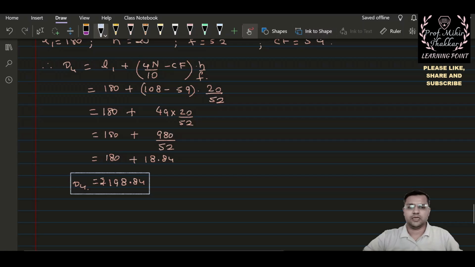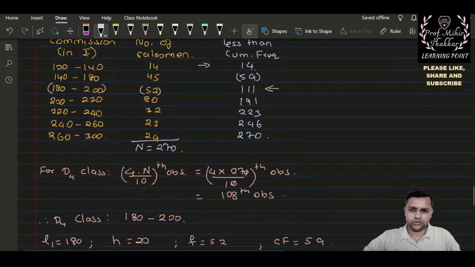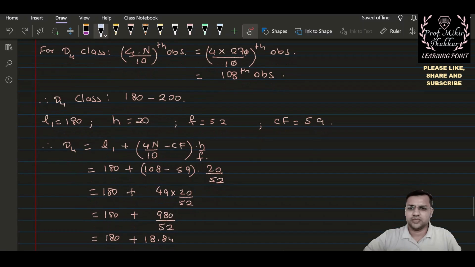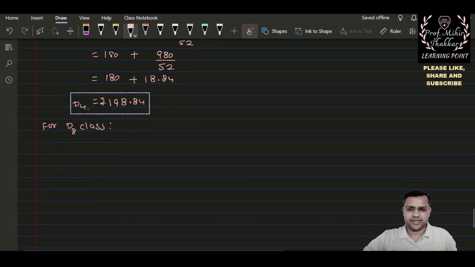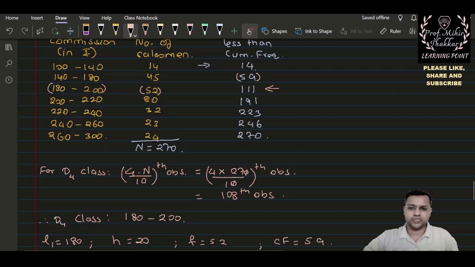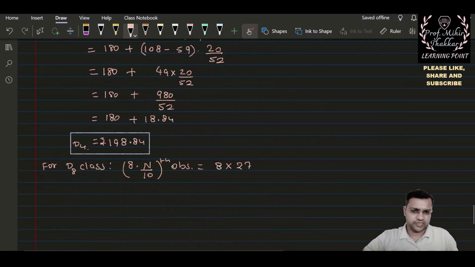Okay. After getting the D4 value, next we also have to calculate the value of D8. So let us write over here for D8 class. I calculate the value of 8 into n upon 10, which is 8 into 270 upon 10.